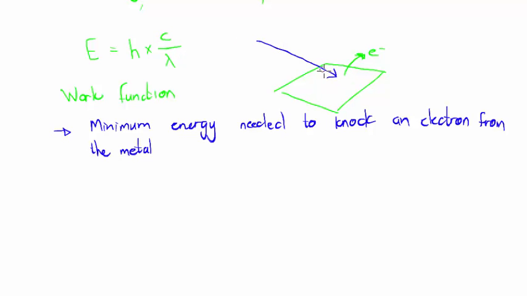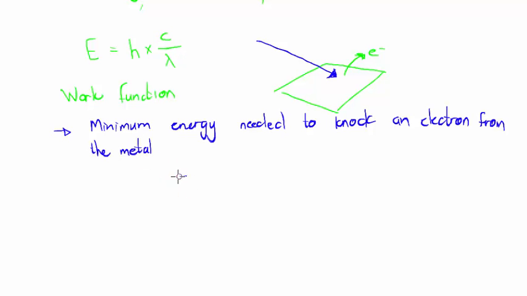Let's say the light that I'm hitting the metal with does not have enough energy to knock off electrons. Then nothing's going to happen. The thing is just going to heat up because of the energy that the light has. It's going to excite the electrons, but it's not going to knock them off. But let's say now I do have enough energy to knock it off.